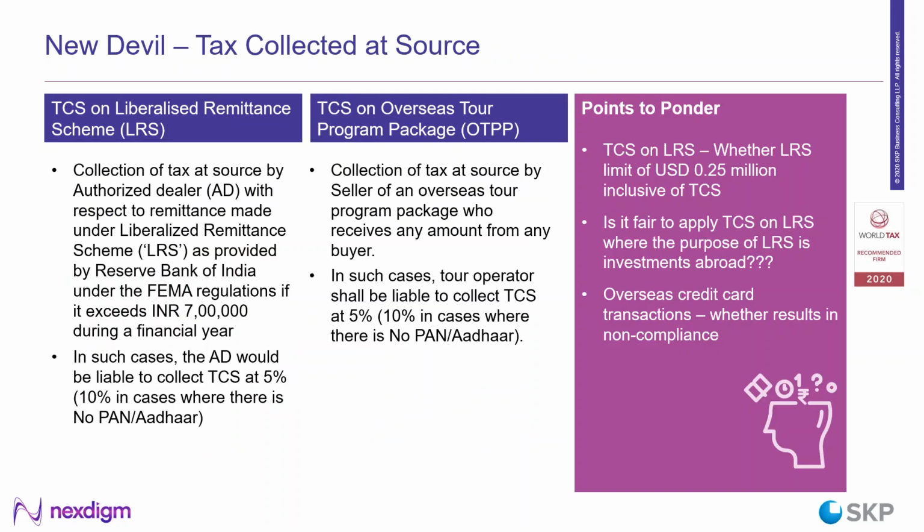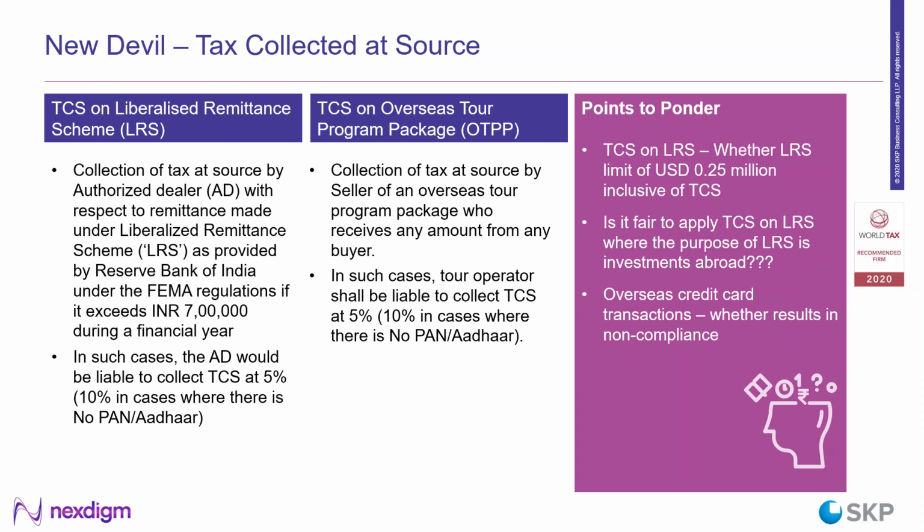Certain tax collection at source provisions have been introduced, whereby for an Indian resident making investment overseas under a liberalized remittance scheme of RBI, in order to track those investments and also ensure that corresponding compliances are made by that individual on the tax return side, a TCS, that is tax collection at source, has been mandated to the authorized dealer.